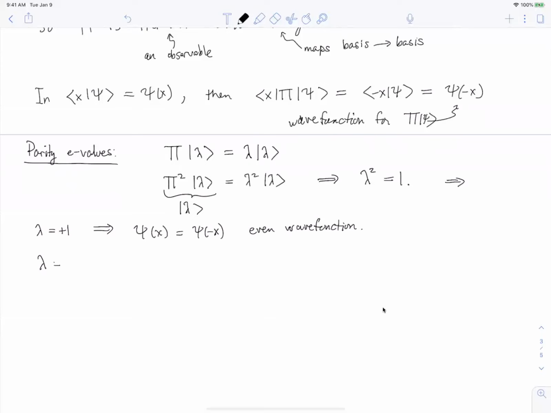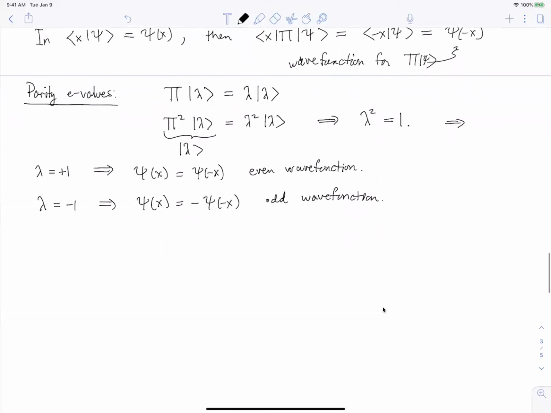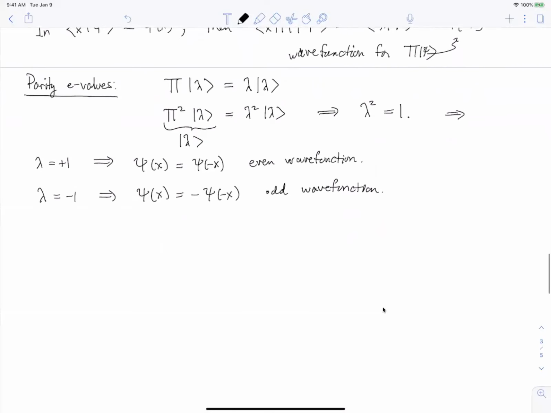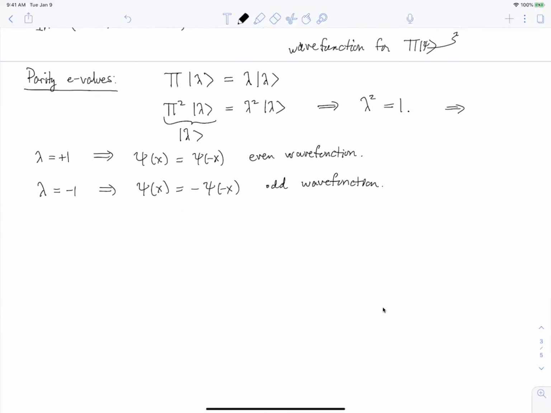And the other solution is lambda is minus 1, which would tell us that psi of x is equal to negative psi of negative x. And so it's an odd wave function. So we encountered both of those when we talked about the particle in a box and the particle in a square well. And that's no accident, because, as we'll see, the Hamiltonian for that commutes with parity. And so they have common eigenstates.